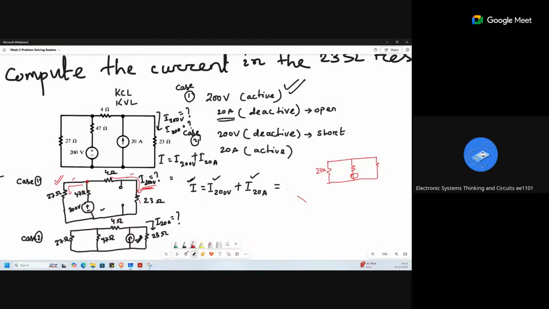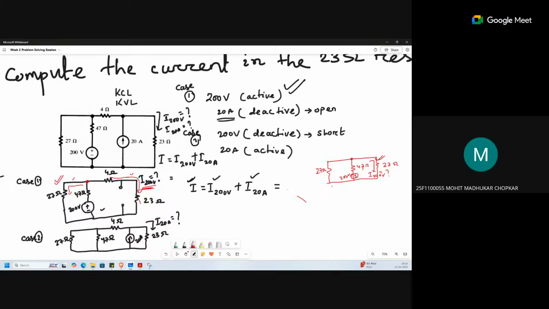Here you have the voltage source of 200 volt, and this is 47 ohm, and these are 27 and 27 ohm. What current flows through this 27 ohm? The same current also flows through the 23. So I can say this is like 200 volts. Now I need to find this current. How to find it?